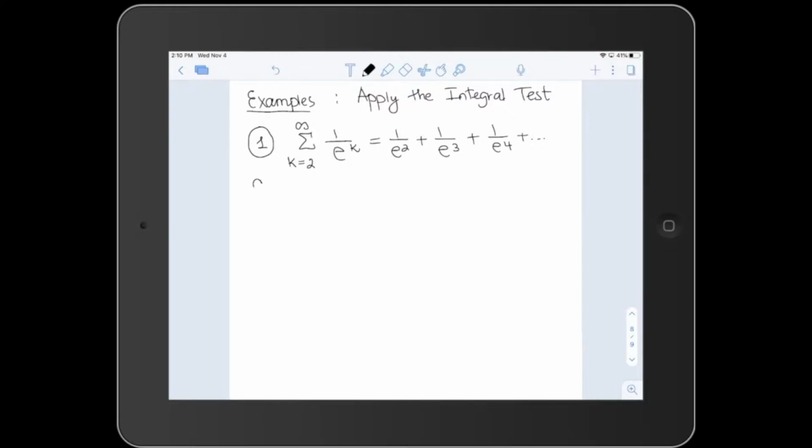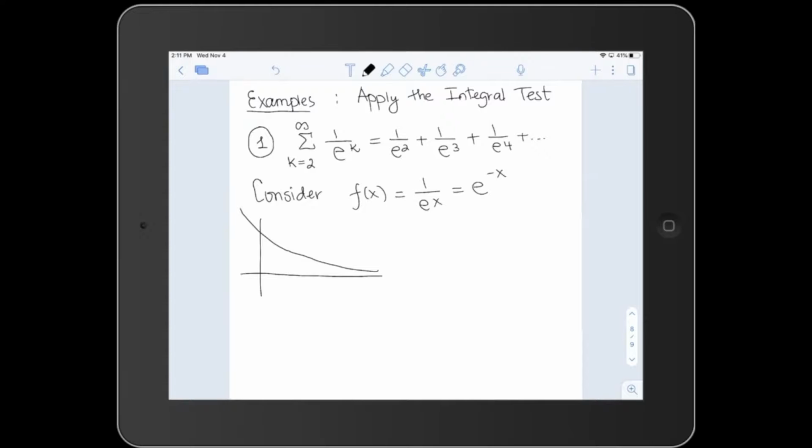So what are we going to consider? We're going to consider the function f of x is 1 over e to the x, or e to the negative x. Either way, however you like to write it, that's fine. What does it look like? The sketch is not needed for computations, but it's not a bad idea to have this graphical representation of what we're trying to find.